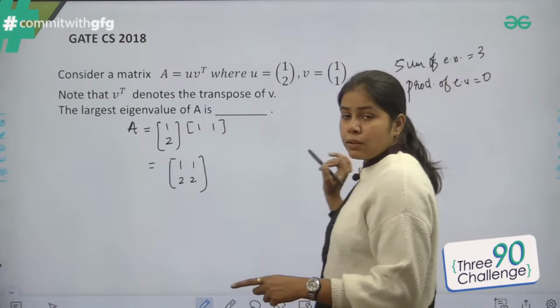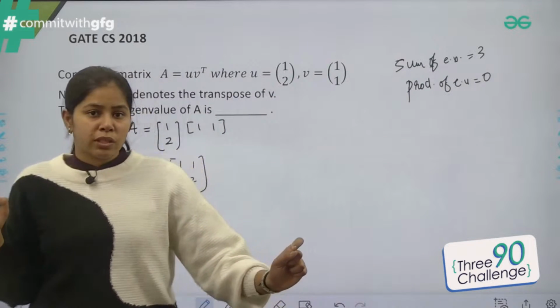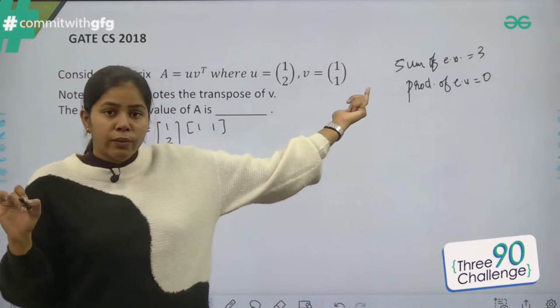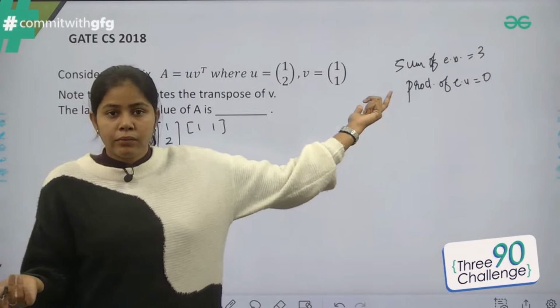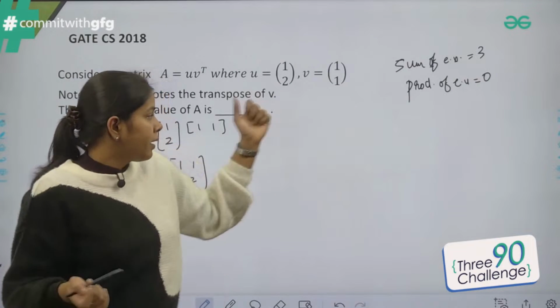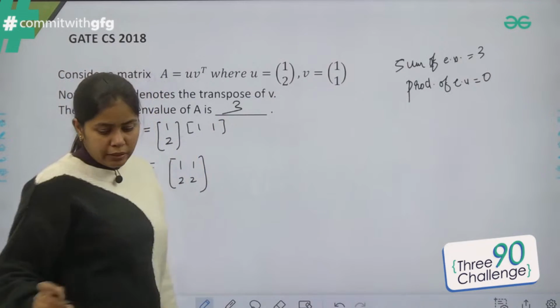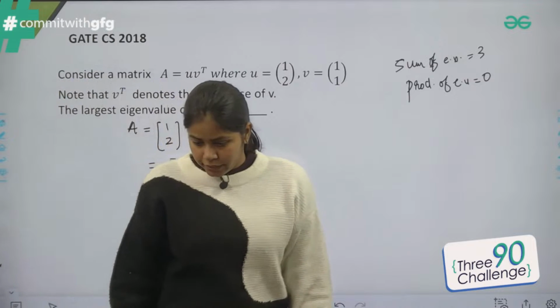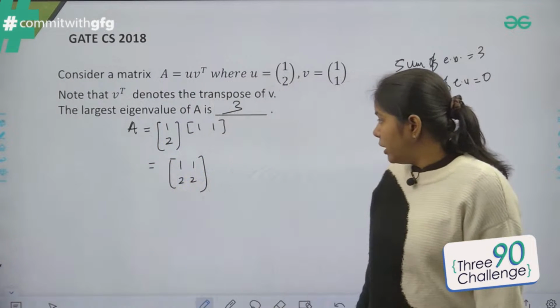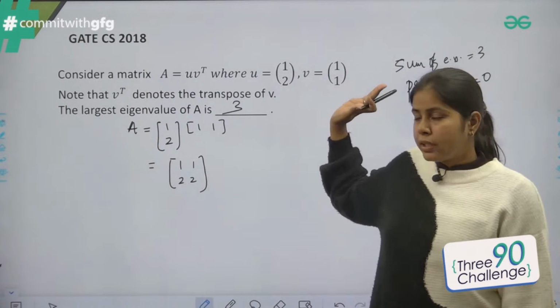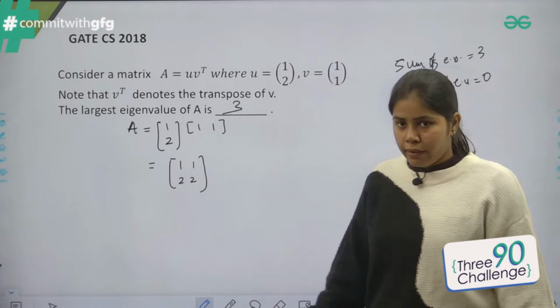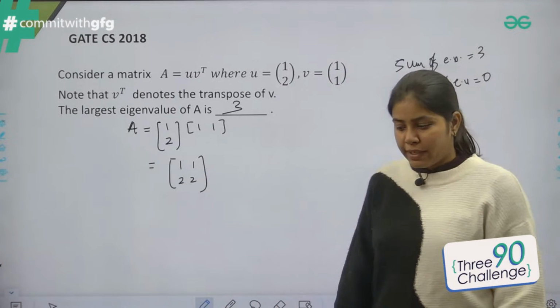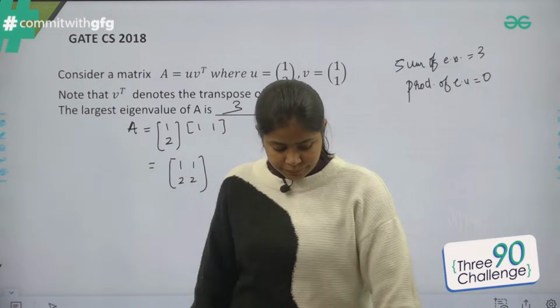That means one of the eigenvalues has to be 0 and the sum is 3, so the other eigenvalue has to be 3. Then I'll get sum 3 and determinant 0. That's why the largest eigenvalue would be 3. Right, Danish, 3 is the answer. So this is the short trick. Otherwise, you can solve by setting the determinant of A minus lambda to 0 and solving for lambda.